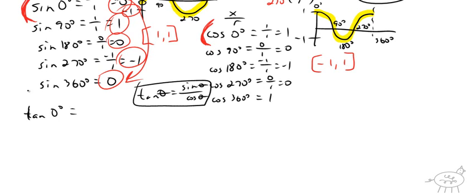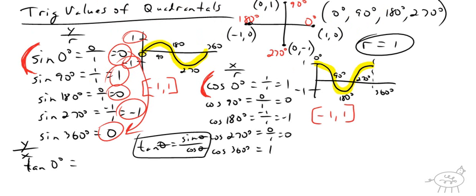You know, tangent is y over x. So let's go back and look at our picture here. I just want to bring up our picture of the unit circle to help you with plugging things in for y over x. So tangent of 0 is y over x, which is 0 over 1, which is 0.